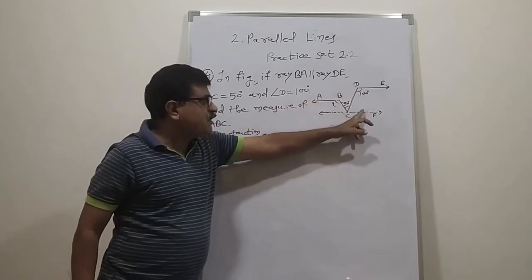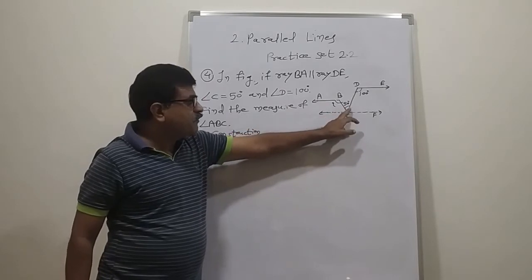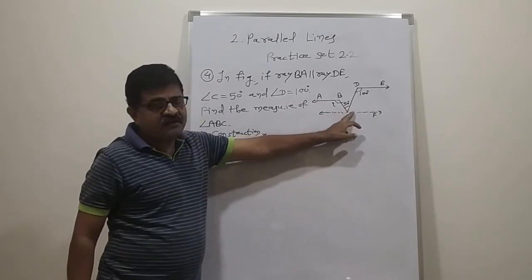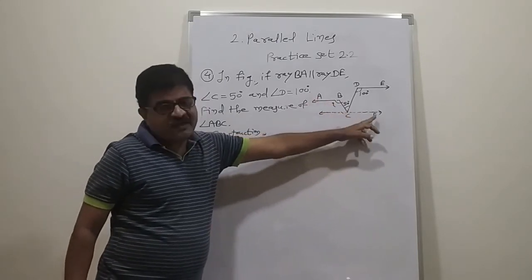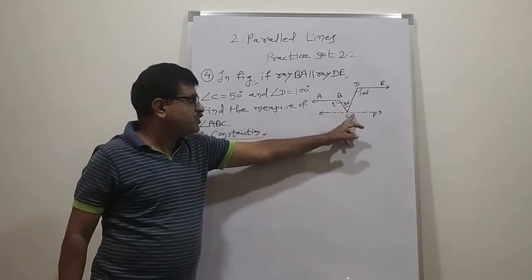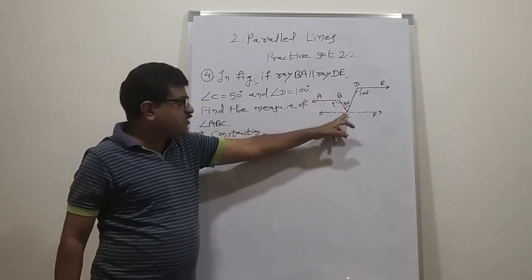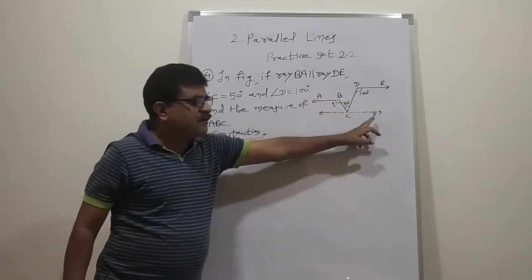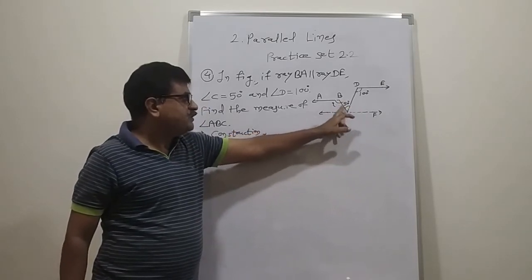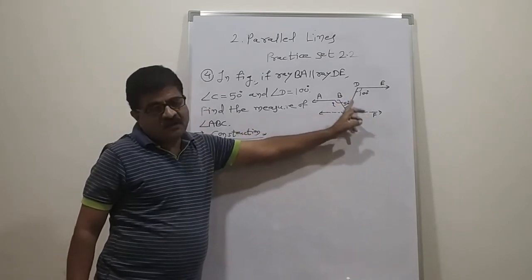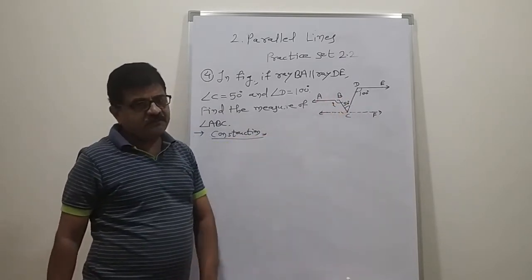These two lines are parallel, therefore the sum of these angles is 180 degrees, and from this we find this angle. Now line AB is parallel to CF, and BC is its transversal. Therefore angle ABC is congruent to angle BCF, alternate angles. Now this angle is written as BCD plus DCF, and by putting values we get the value of angle ABC.